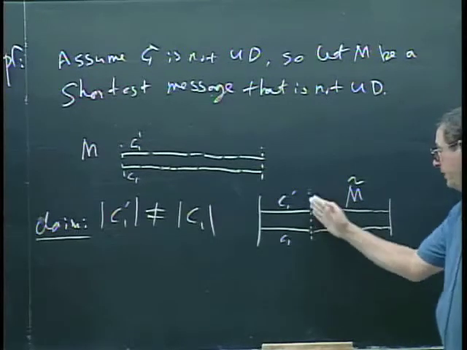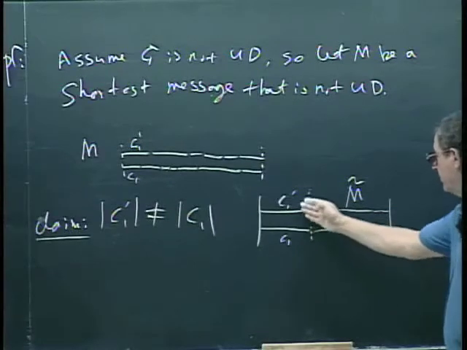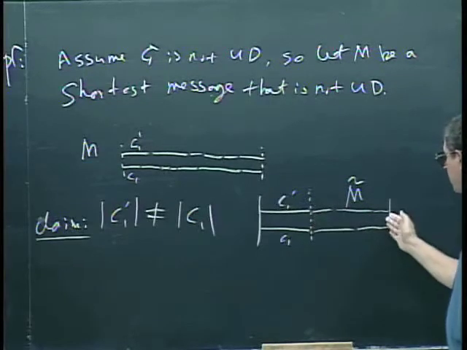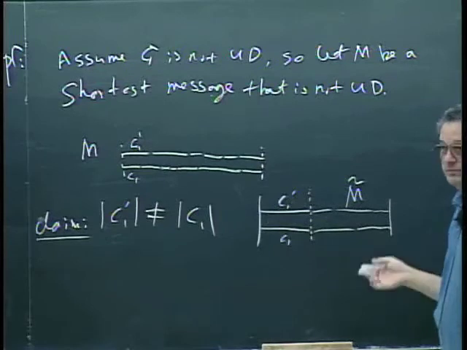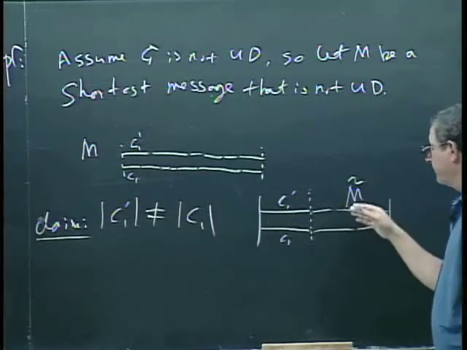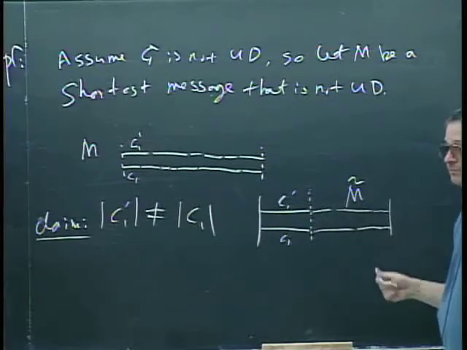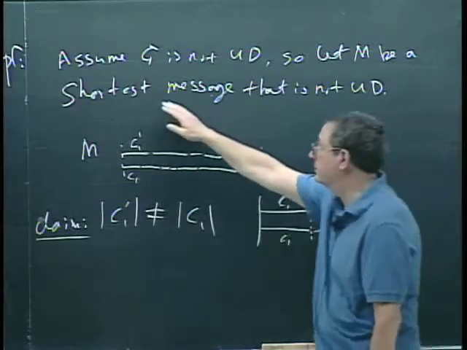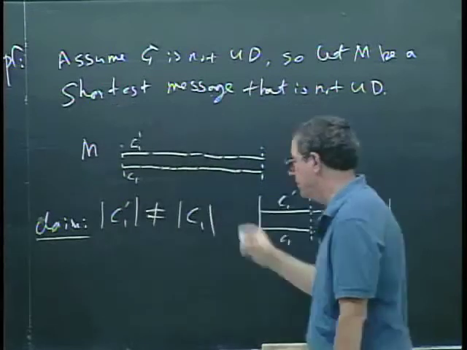Because it starts here at the end of code words. So this is a message. It has two different parses, because if it didn't, then M itself wouldn't have two different parses. So M tilde has to have two different parses. So this would be a message that has two different parses, but it's shorter than M, and that contradicts our choice of the shortest message. So it's very useful to have the assumption that M was the shortest message.